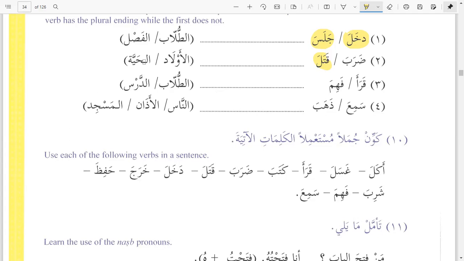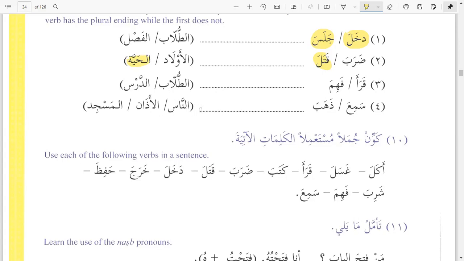So we can use the pronoun here. Wa qataluhu, wa qataluha. Snake is feminine, so we will use qataluha. With darsa, it will be the same.